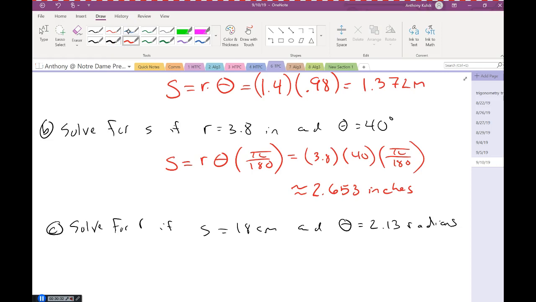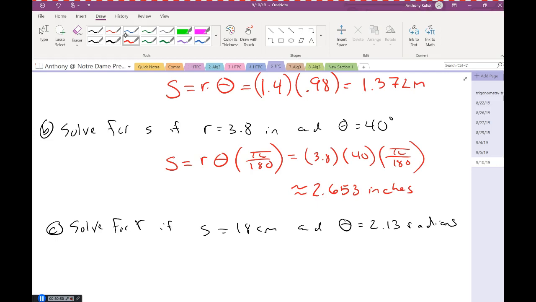So here we're asked to solve for r, if s is 18 centimeters and theta is 2.13 radians. So which formula would I want to use here?